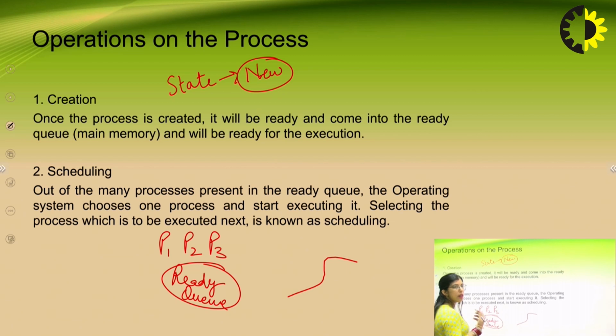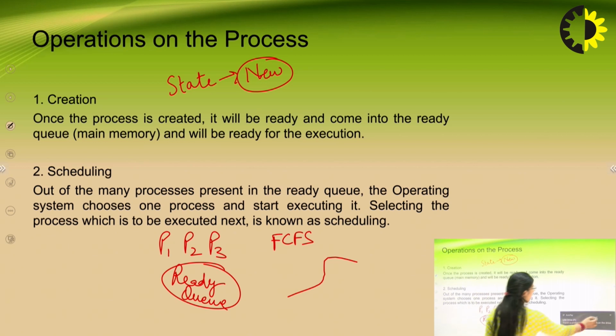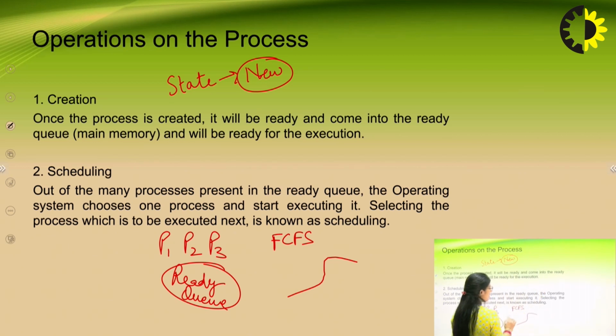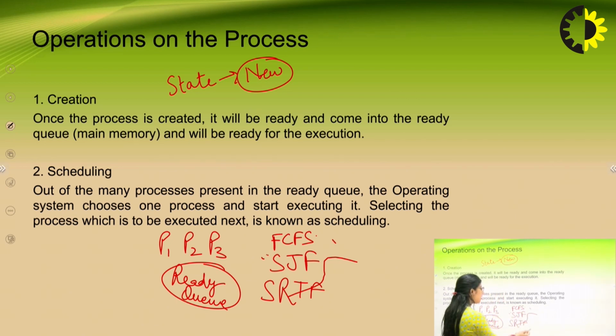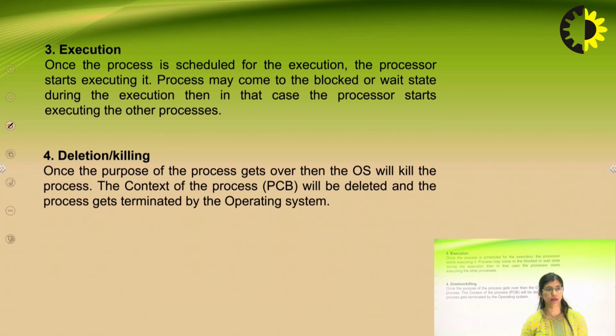On the basis of some scheduling algorithm, like FCFS, shortest job first, shortest remaining time first, round robin, and so on, the operating system decides which job is to get the CPU next. So this is one of the operations done on the process.